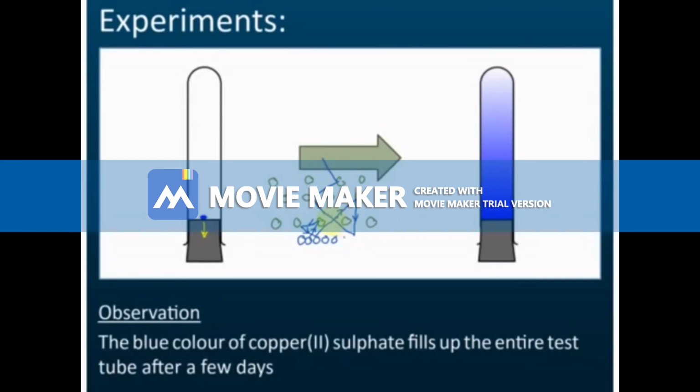And goes up. And due to these random motions of all these particles of the copper sulfate, the blue copper sulfate moves up the gel. And this process is called diffusions. Diffusions is from high concentrations of copper sulfate. This is high concentrations.